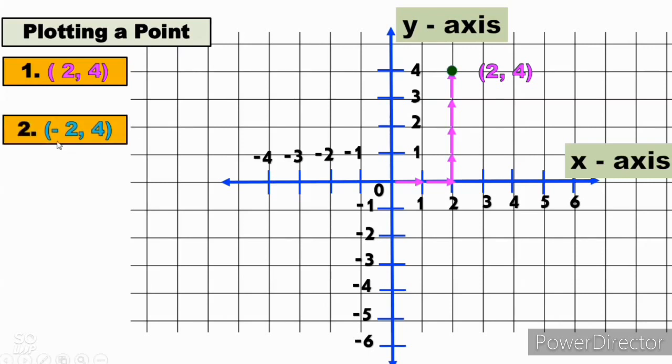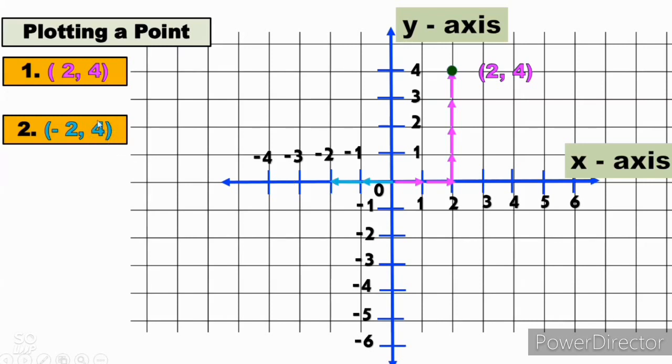Okay, next, let's have number 2. We have negative 2, positive 4. So, our first coordinate, which is x coordinate, is negative 2. Second coordinate is 4. Okay, so negative 2 is the x coordinate. So, hahanapin natin sa x-axis. Since negative 2, so magka-count tayo ng 2 units going to the left direction.